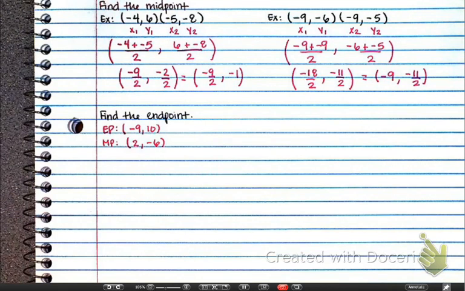Now, there are two ways that we can do this. One way uses the formula. The other one uses basic algebra, and I think that second way is probably a little bit easier to understand. So I'm going to give you the option.